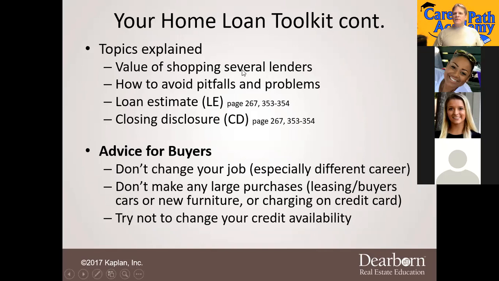It talks about shopping for several lenders, even though lenders will tell you, don't shop for loans because it's going to screw up your credit score and then you're not going to be able to get it at the right interest rate. Listen, that's bullshit. If your lender tells you don't go shopping around for loans because it's going to screw up your credit score because they look at your credit score, then your credit score must already be screwed up, because it will only affect your credit score by a point or two if you're shopping around.